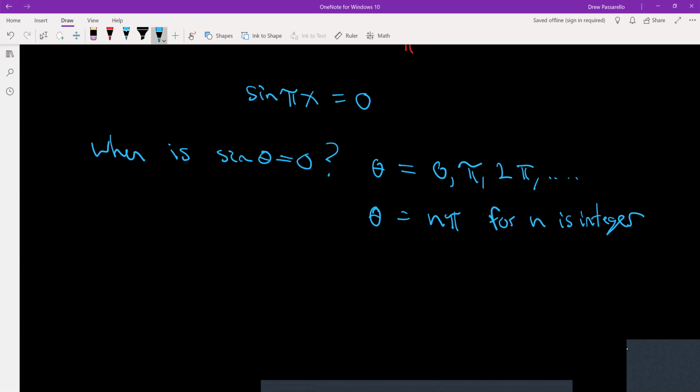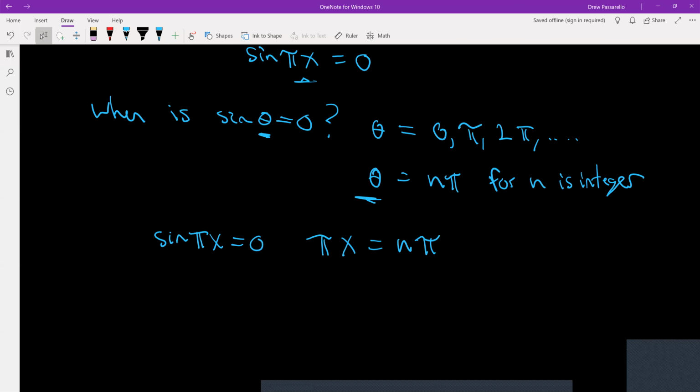So I can think of theta as pi times x. So sine of pi x equals 0 when pi x equals n times pi. So I just put pi x in the spot for theta, and then I solve for x by dividing both sides by pi.